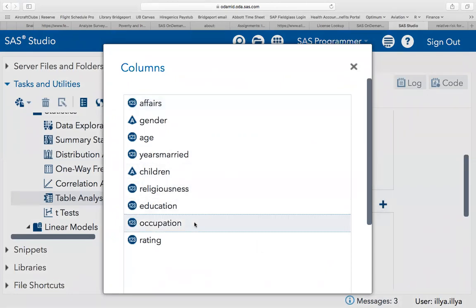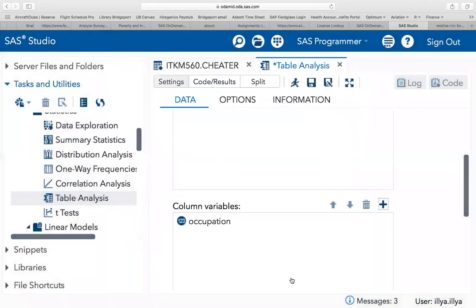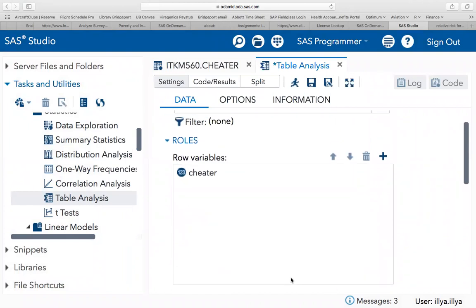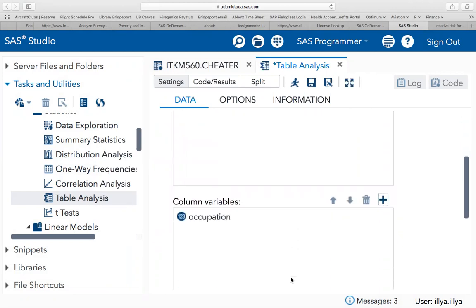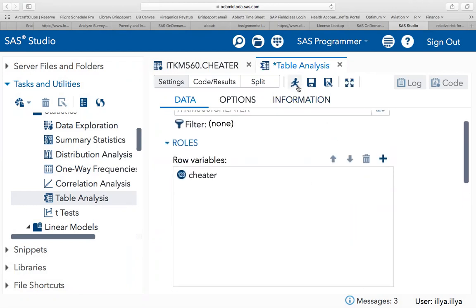And the situation is as follows. How many levels of cheating do we have? 2. Either you cheat or you don't. Occupation, we have 7 levels of occupation. So what that says to me is that it's not that straightforward. There's not just 2 categories that we can compare.